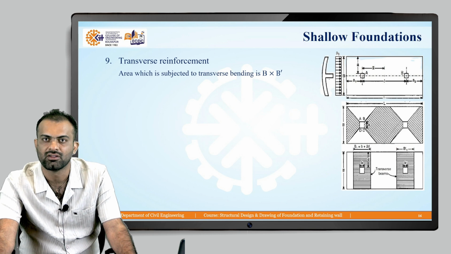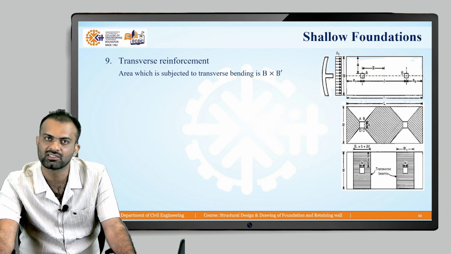That is, from the face of the column, up to a distance d, we are going to observe the transverse bending. So the total length of the area where transverse bending is observed is b plus 2d. Here b is the width of the column, and d is in this direction and in this direction, so 2d. So b dash will be b plus 2d.